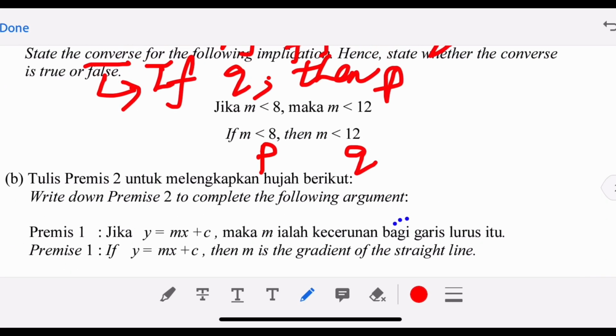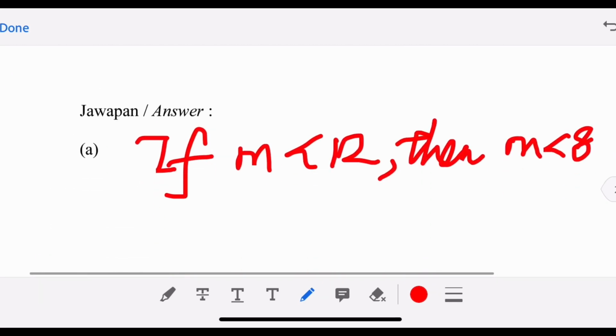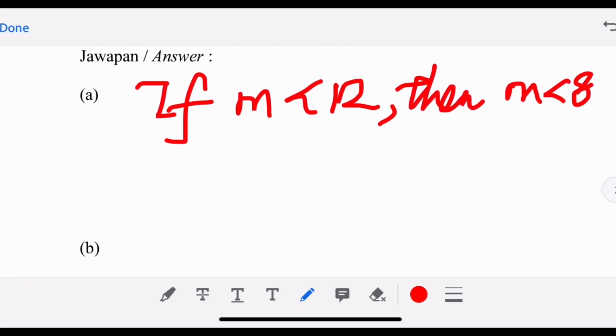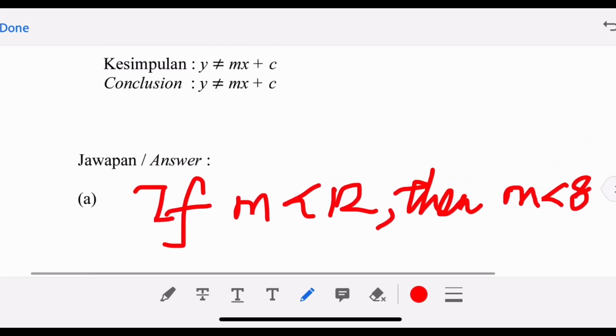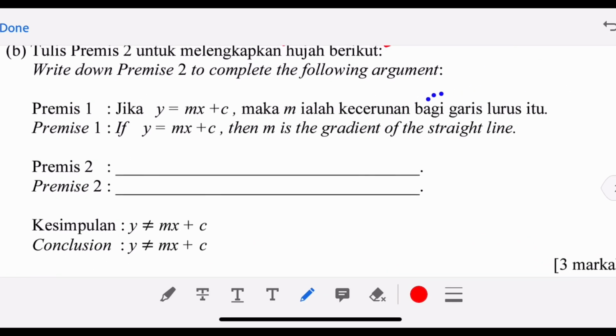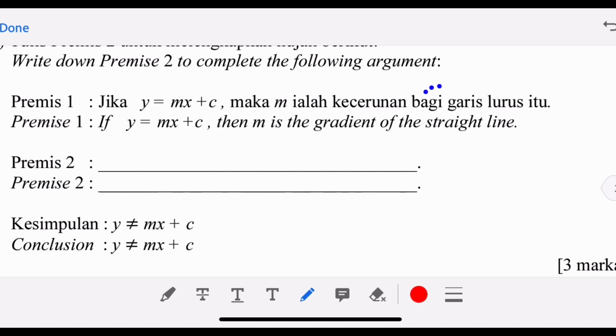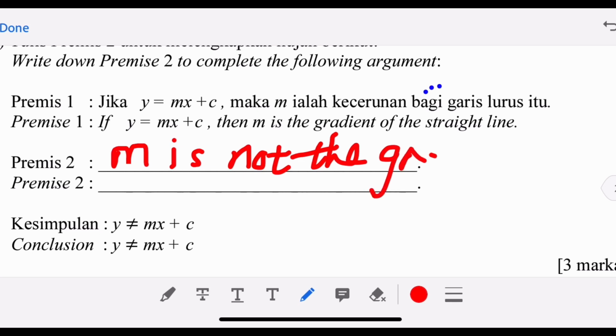Alright? So we have settled the converse, and the question did mention to state whether the converse is true or false, right? So the converse is false. Now let's discuss the other one, where you're given the implication: if y equal to mx plus c, then m is the gradient of the straight line, and you're given the conclusion.